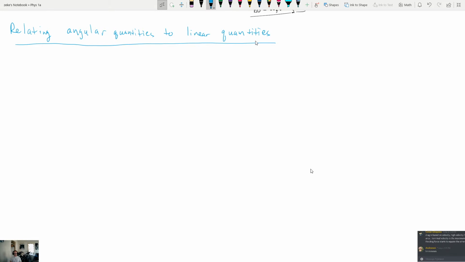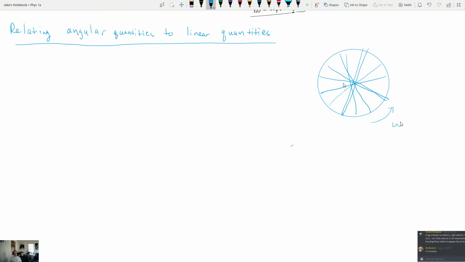So, for example, if I have an object that's rotating, so again, let's use a circle. Let's say that we're talking about a bicycle wheel, so we can relate this to something that we all have some familiarity with. So I have a bicycle wheel right here, and let's say that it's rotating this way.